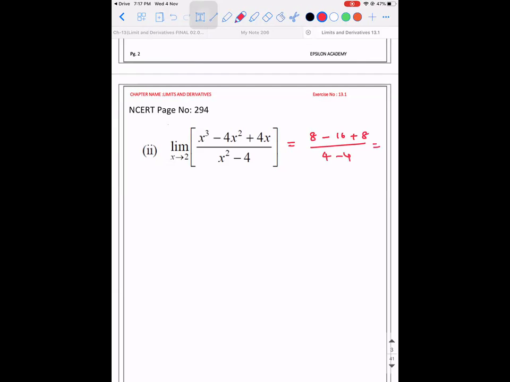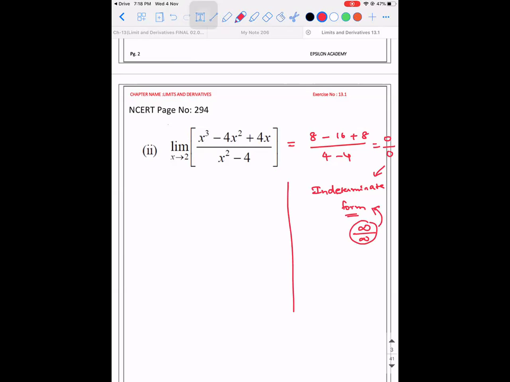Here the challenge is numerator is 0, denominator is also 0. 0 by 0 is called an indeterminate form, which means you cannot find the value of it. 0 by 0 is mathematical absurd. Similarly, infinity by infinity is also called an indeterminate form.